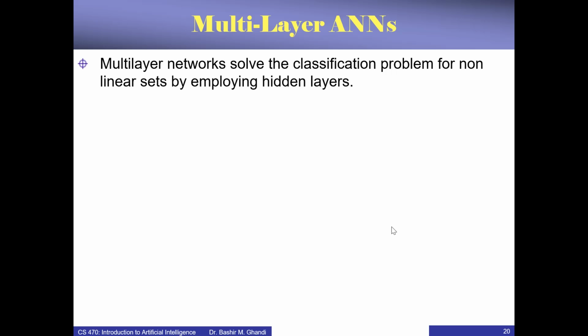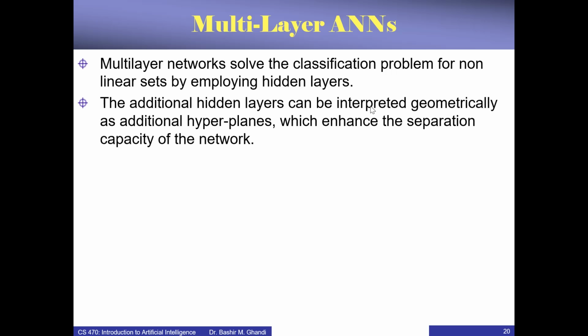And this naturally therefore takes us to multi-layer ANNs. So multi-layer networks solve the classification problem for even nonlinear sets by employing additional hidden layers.